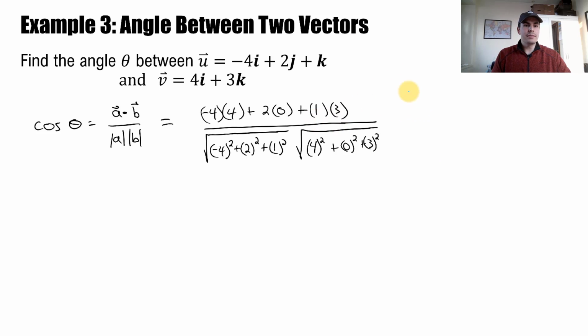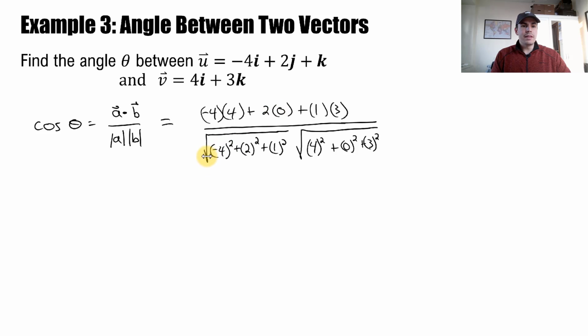Now notice I don't have a J component here for vector V. There's no J, so that's why I have a 0 here for the J component of vector V, right? And then I'll have my K components multiplied together. That'd be 1 and 3.